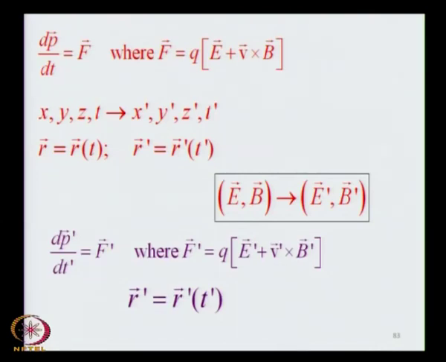There are no pseudo forces. The solution to this will be given by the position vector in the primed frame as a function of t prime. And now if you solve this equation of motion in the unprimed frame and carry out transformations to the primed frame by Lorentz transformations and then plot r prime as a function of t prime, you will get the trajectory in the primed frame.